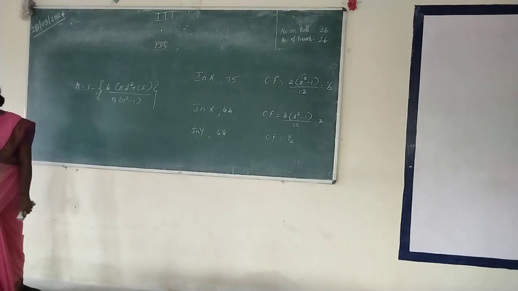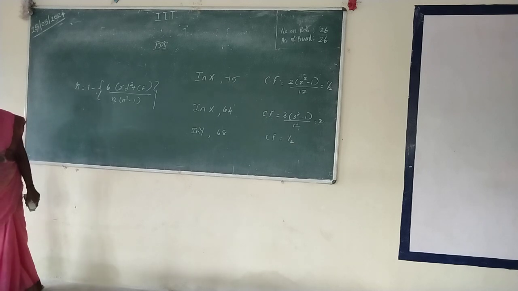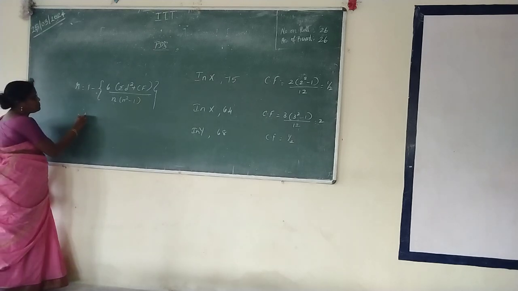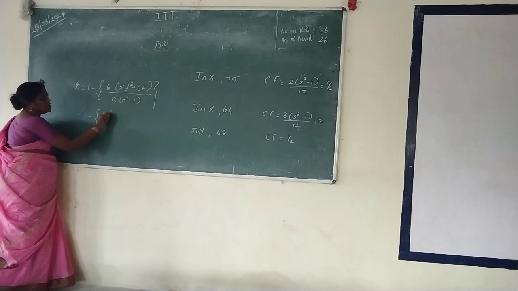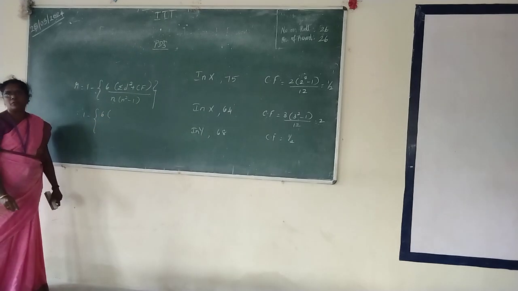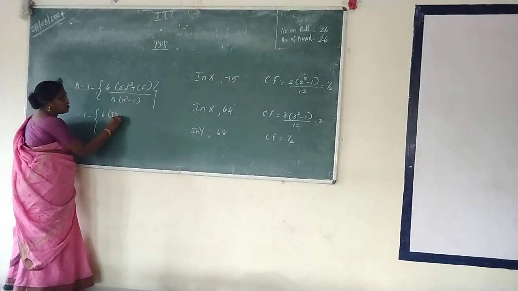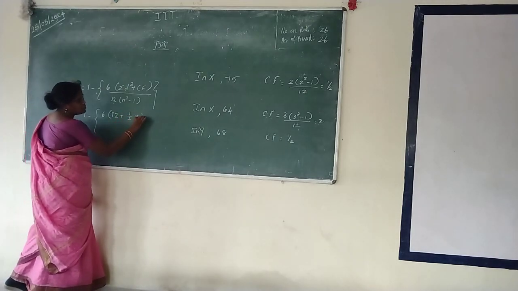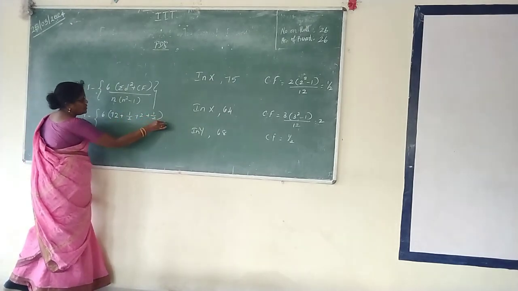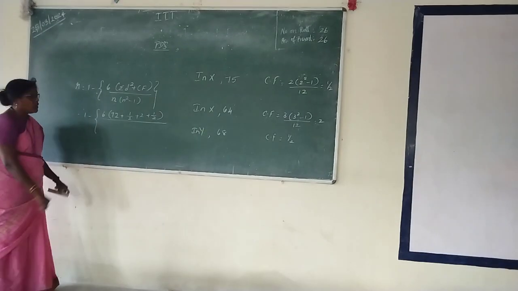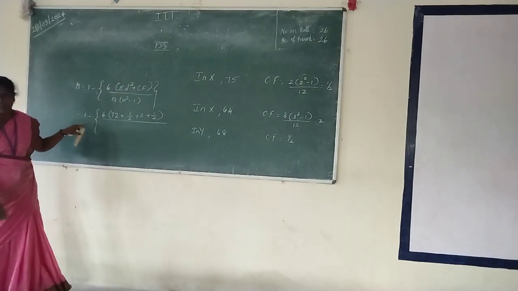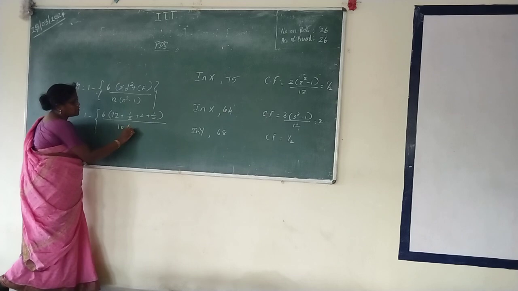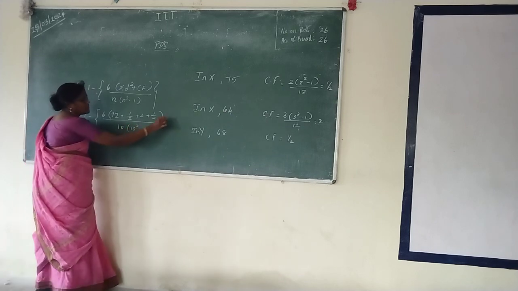Correction factor should be added only to summation of d square. Then only the answer should be multiplied by 6. So 1 minus of 6 into, what is the d square value? 70. Add all the correction factors now. First one is 1 by 2 plus 2 plus 1 by 2. The whole thing divided by, what is the n value? 10. So 10 into 10 square minus 1.